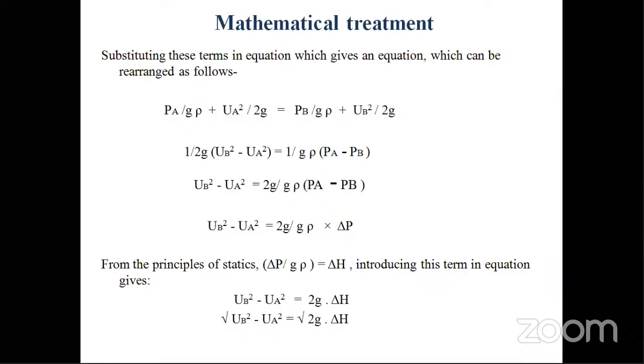So if the fluid present in the B portion and the A portion are identical, we can arrange it in a positive manner: the square root of UB square minus UA square equals the square root of 2g into delta H. So this is the final equation.